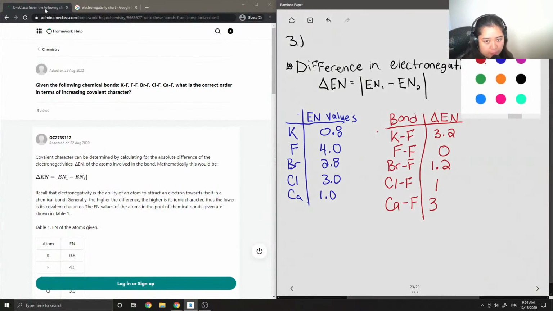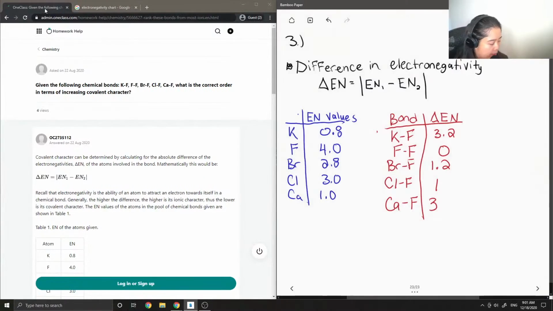Okay, so when we want to look at how covalent this bond is, when we have a greater delta electronegativity value, the more ionic our bond is.